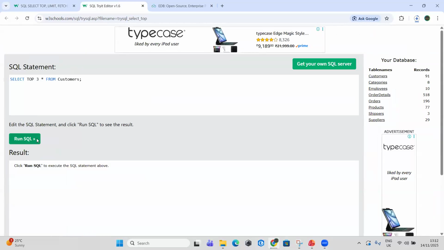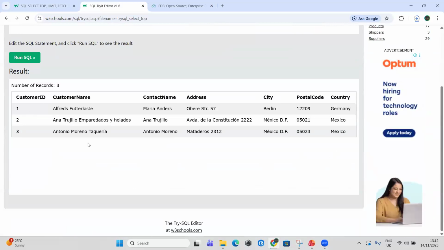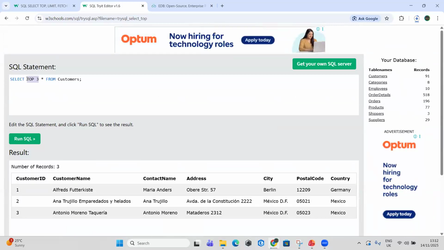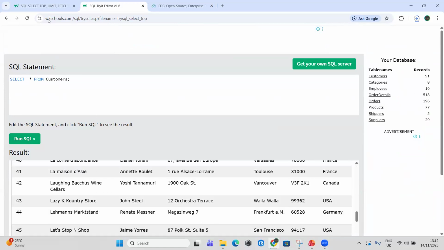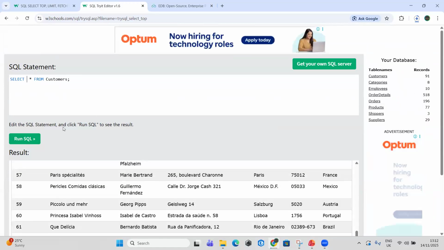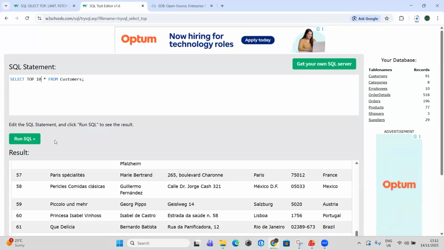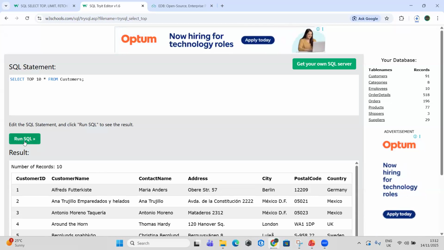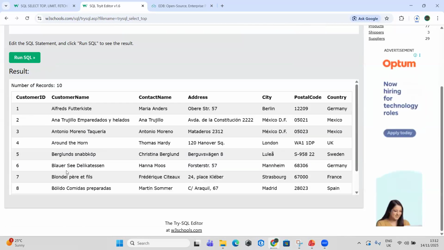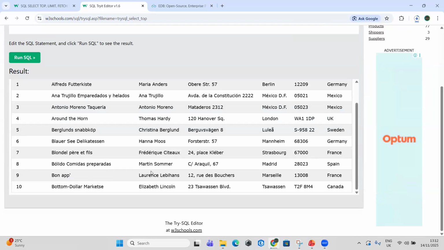Now when I run this, it showed me the first three customers and all of their data. If it was not top three, it is all the data. So maybe if you want top 10, now I have the top 10.